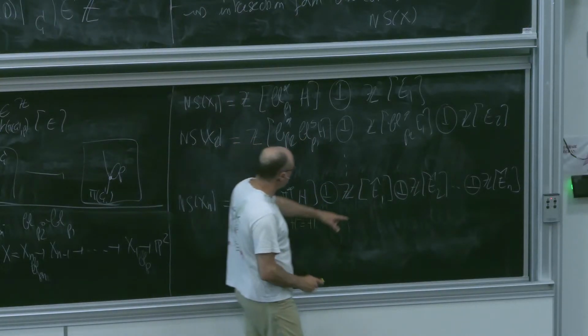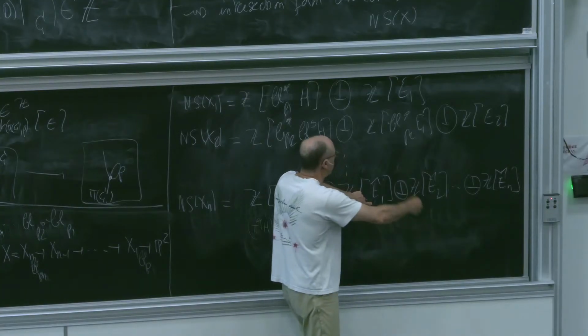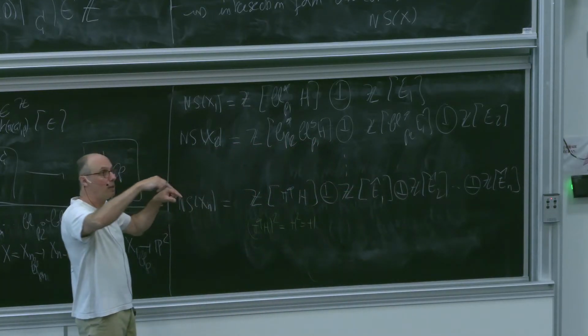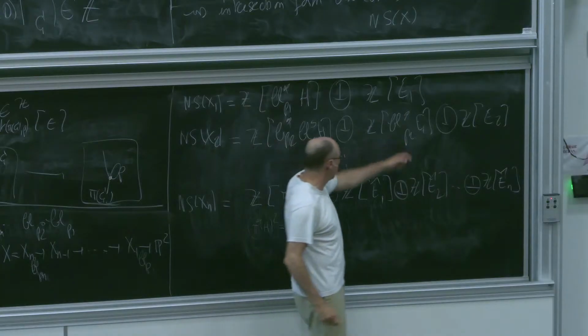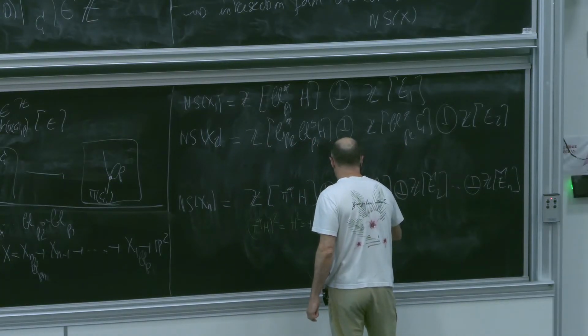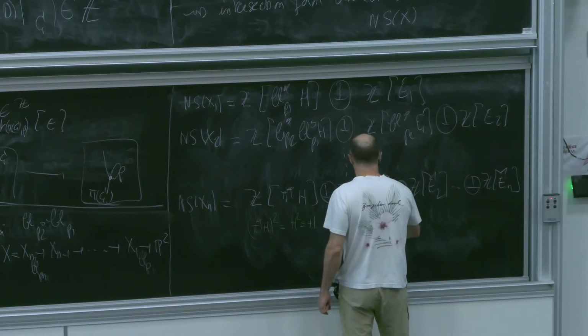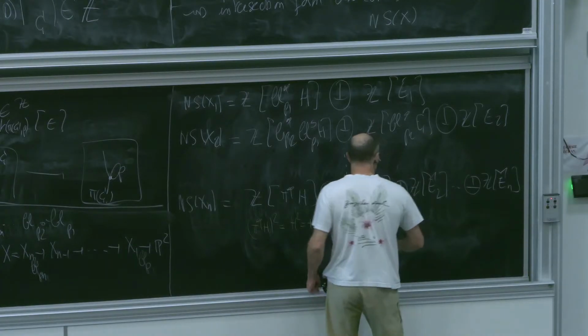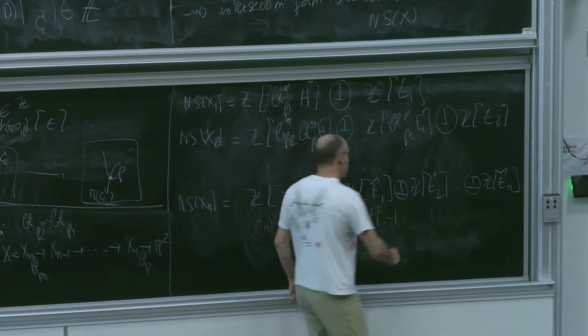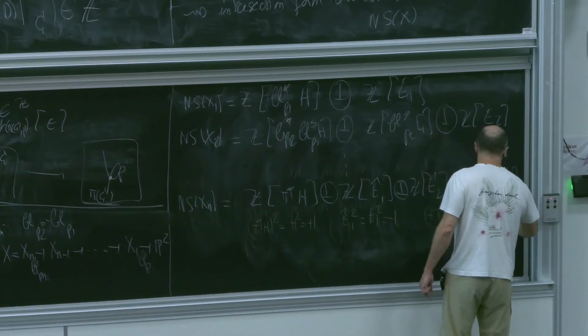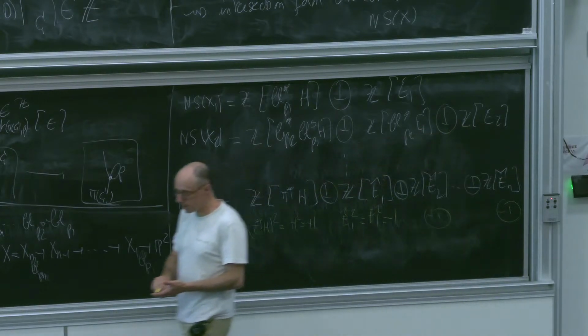And here it's the same. So remember, E hat 1 is the pullback by the composition of the blow-ups of E1. So what you get is that E hat 1 squared is E1 squared, which is minus 1. And the same for all the others, right? So minus 1, minus 1.